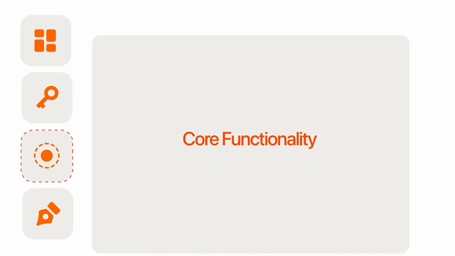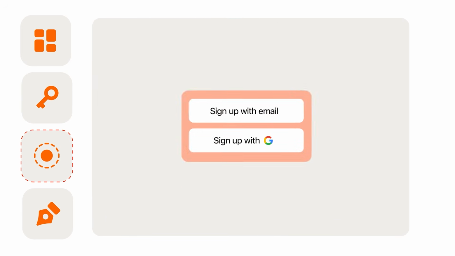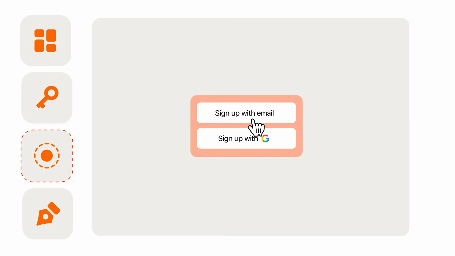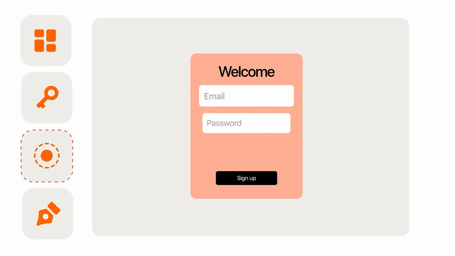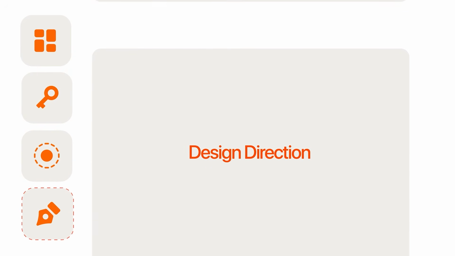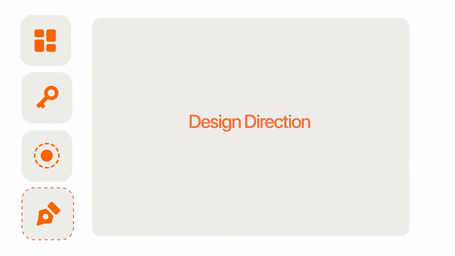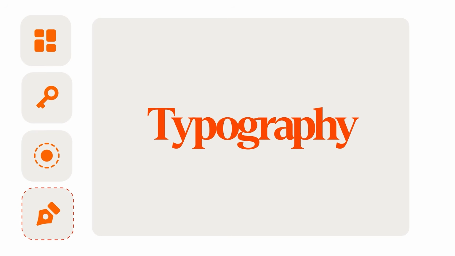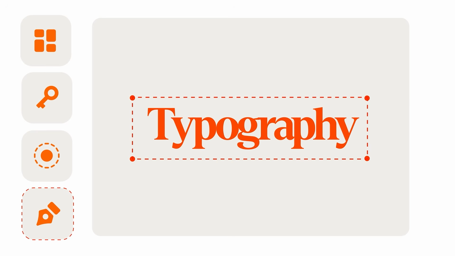Third, it needs the core functionality, which means explaining what should actually happen when someone clicks, types, posts, filters, votes, or drags something. And fourth, it needs the design direction so that Claude really understands the overall look, the branding style, the typography, spacing, and visual mood that you want.